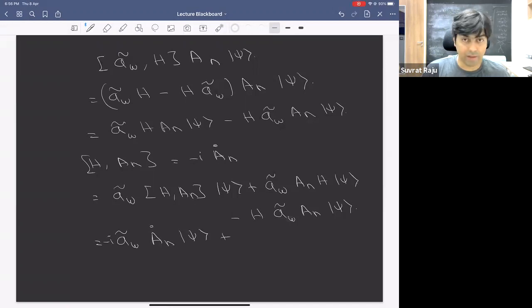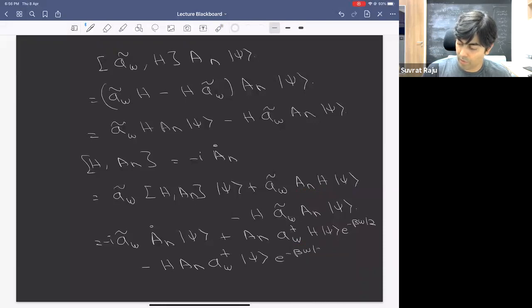And then here we write this as a n into a n a omega dagger h psi into a n e to the minus beta omega by 2. So this came from this term, and this came from this term. This is the rule that I had. And this last term we can write as minus h a n into a omega dagger psi e to the minus beta omega by 2. So this just came from applying a omega dagger on this state.